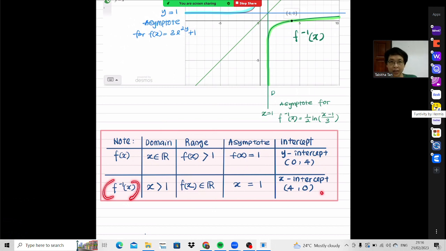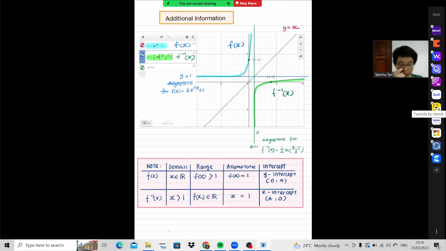Again, an interchange, and if you look at the coordinates, there is a wonderful and beautiful pattern: (0, 4) becomes (4, 0). So this is the additional information given to all of us to find the beauty of functions and inverse of functions.